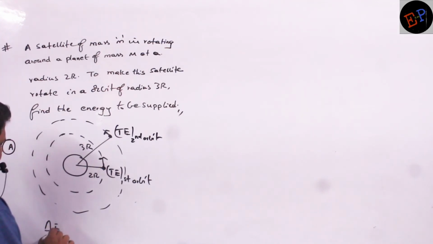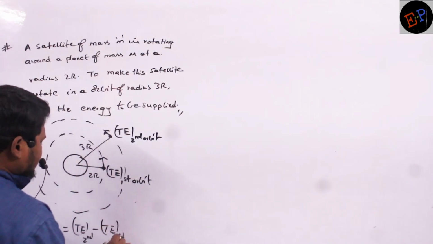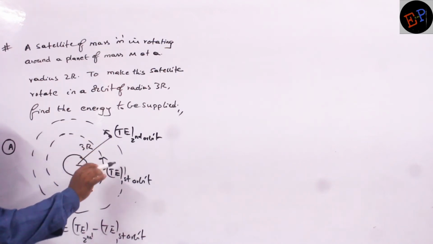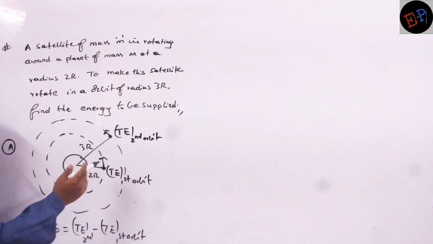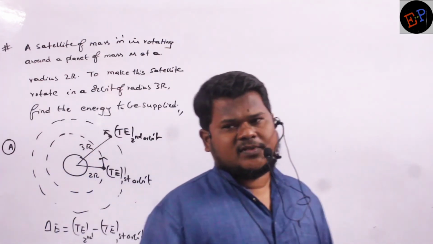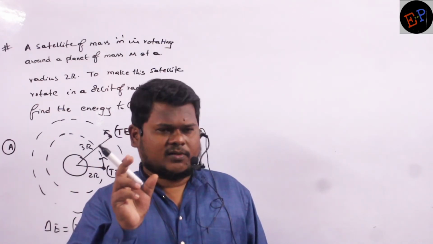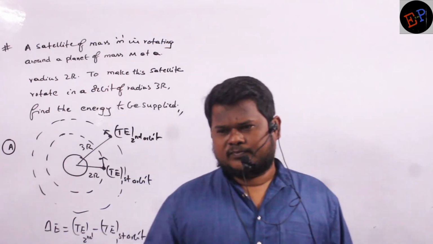Energy supplied is equal to total energy of the second orbit minus total energy of the first orbit. That's all, no? Clear now? The energy difference only you have to supply. In the Niels Bohr model also we studied the same concept: what is the energy difference between two orbits or two shells? That energy difference you have to supply. Same concept here also.